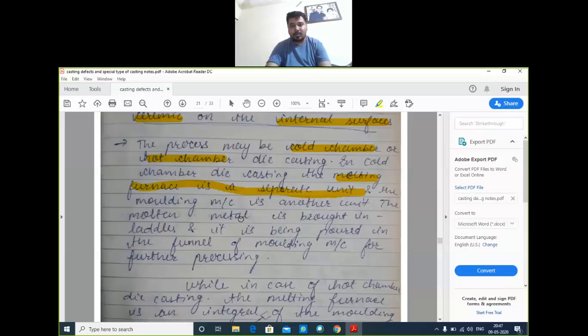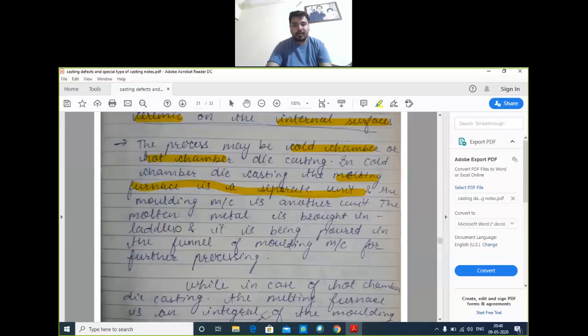In this cold chamber process, the furnace is separate from the molding machine. There are two separate portions: one is the molding machine, and the other is the melting furnace.